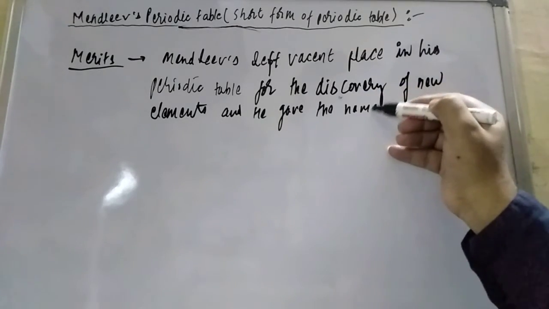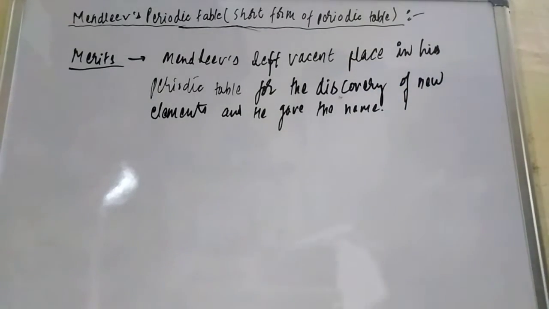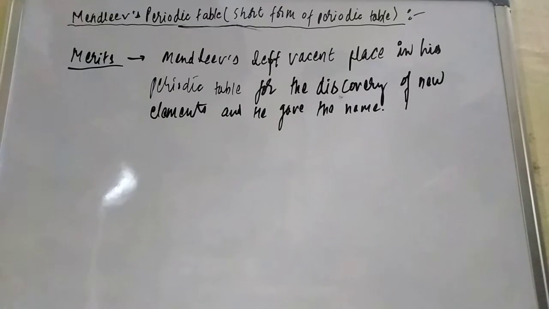Okay, whatever places he left, student, in his periodic table, he gave the names also for those elements, like Eka aluminum, Eka scandium. He left the places like this.